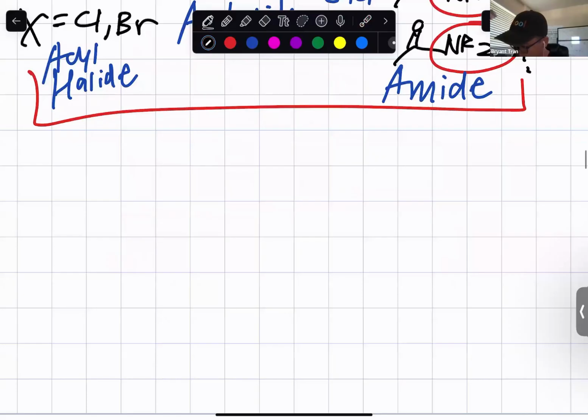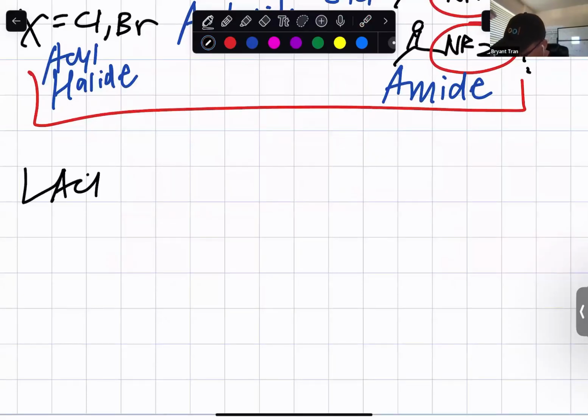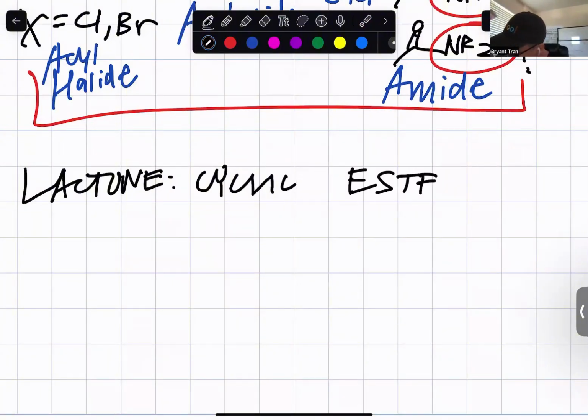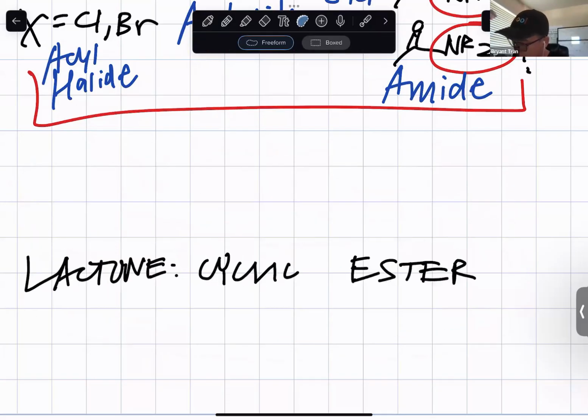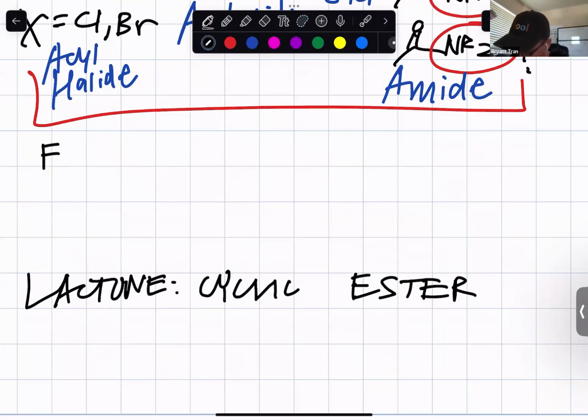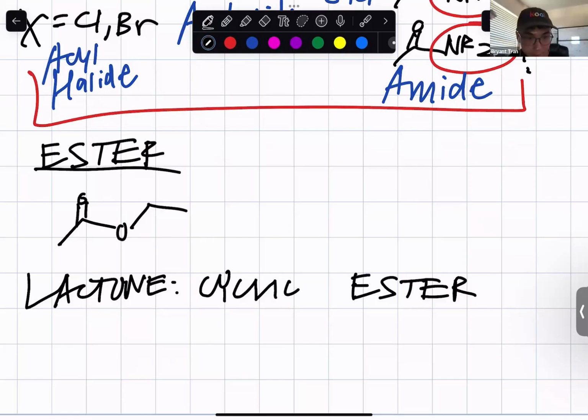A lactone is a cyclic ester. First, let me go over some examples of regular esters before we go over cyclic esters. An example of an ester would be this carbonyl with that OR group right there.